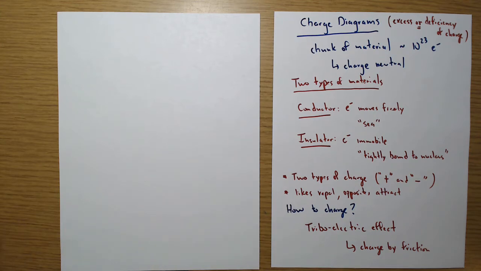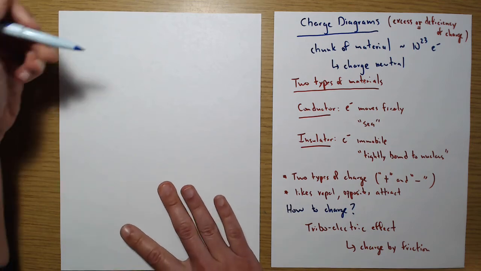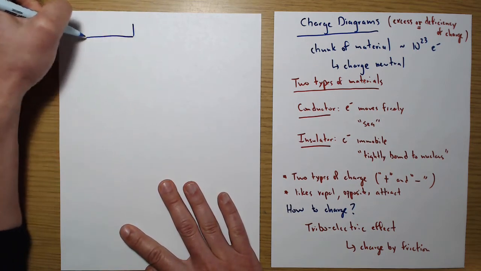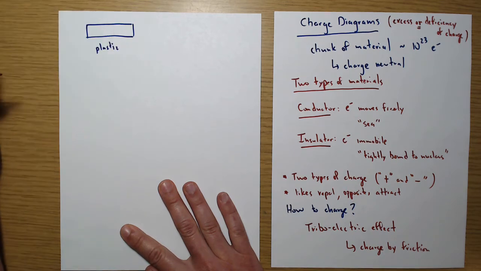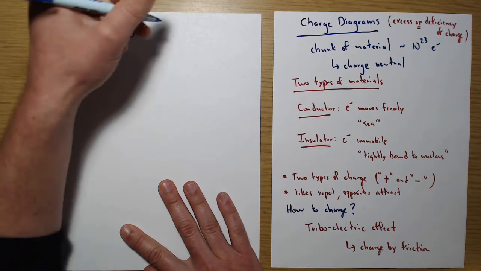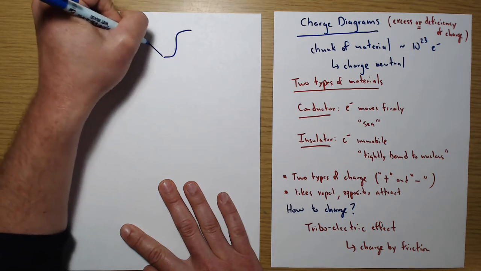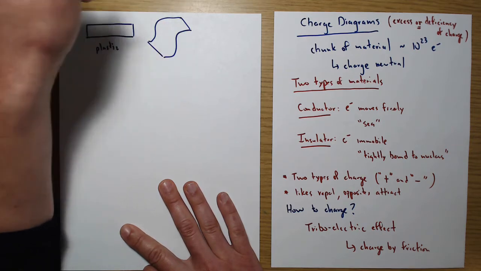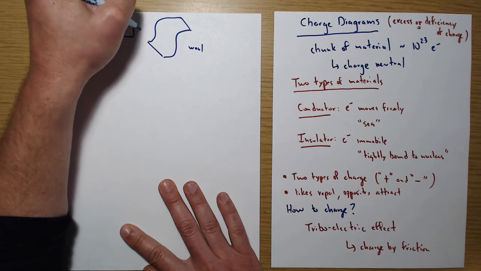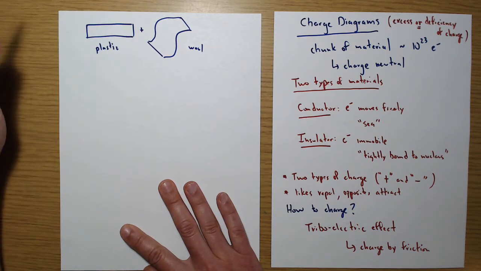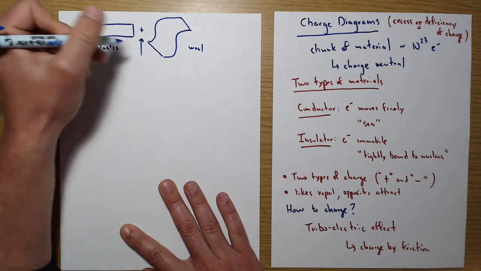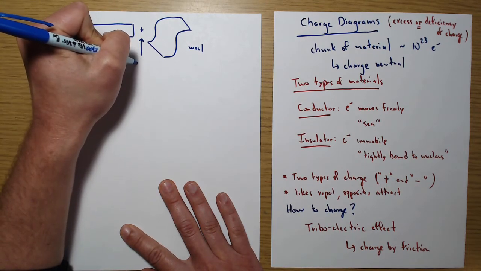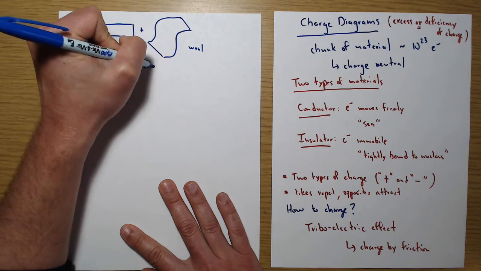So for example, imagine that I took a plastic rod, and I rubbed it against a piece of wool. Well, it turns out that the plastic has a higher electron affinity. What I mean by the plus here is simply friction.